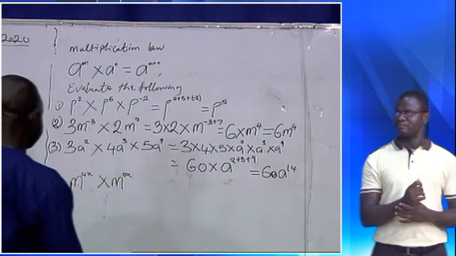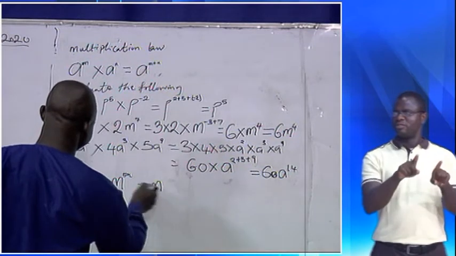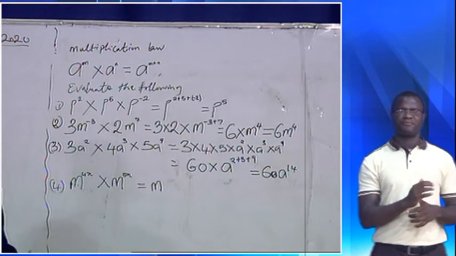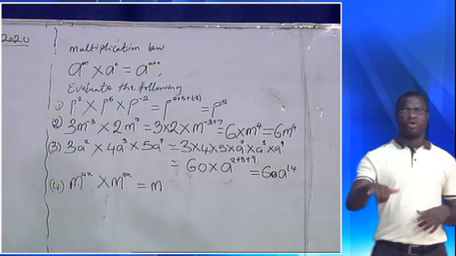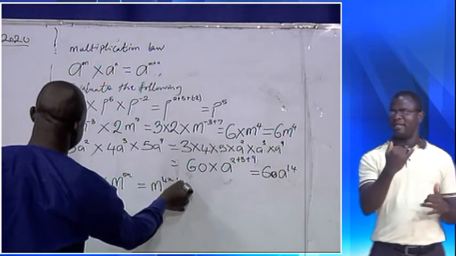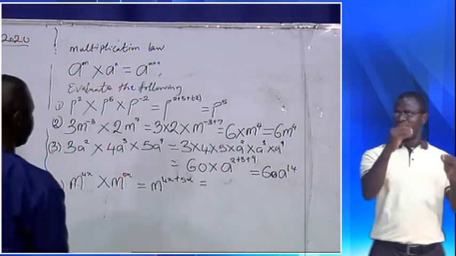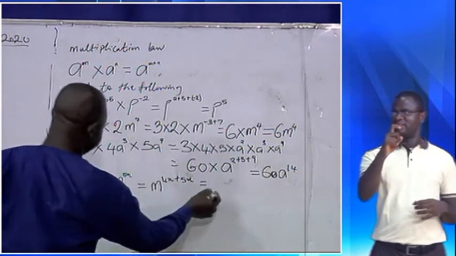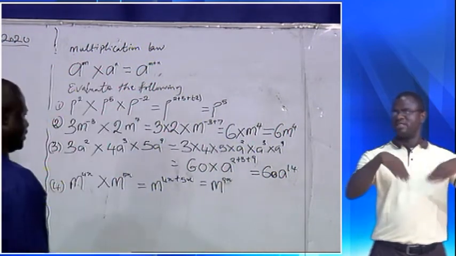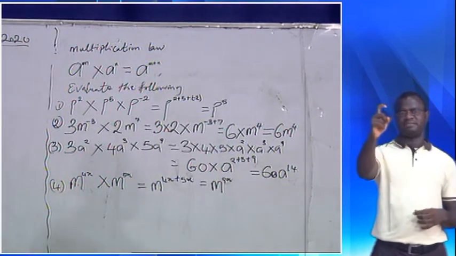Now, the common base here is m. After getting the common base, the next thing is to add their respective powers, which is 4x plus 5x. That will end up giving us m raised to power 9x. That is in the case of this particular example.